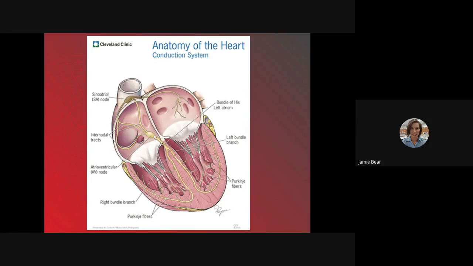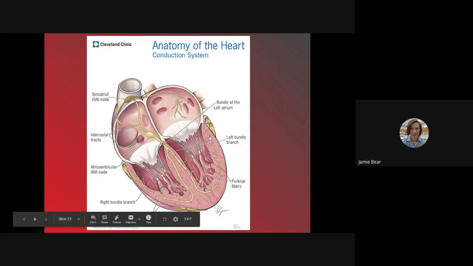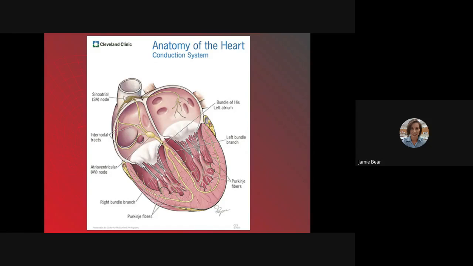And then if that's not working and it's the ventricles that act as the pacemaker, the rate will only be around 20 to 30, maybe 40. So it's best if it starts at the natural pacemaker, but if it's not working, a lot of times it will capture lower down in the conduction system.